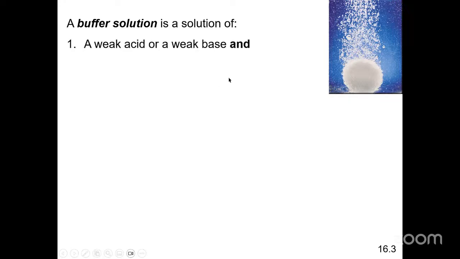So let me now talk about these solutions that we're just discussing, right? We call these solutions buffer solutions, or simply buffers in some chemical literature, right? So a buffer solution is a solution which is a mixture of either a weak acid and the salt or conjugate base of that acid, or a weak base and the salt or conjugate acid of that weak base, all right?